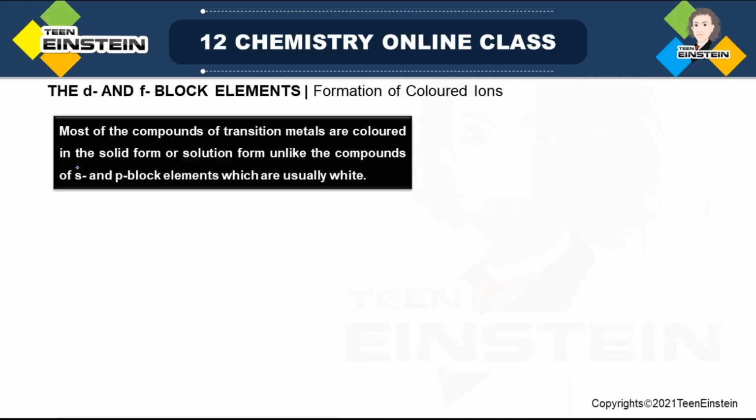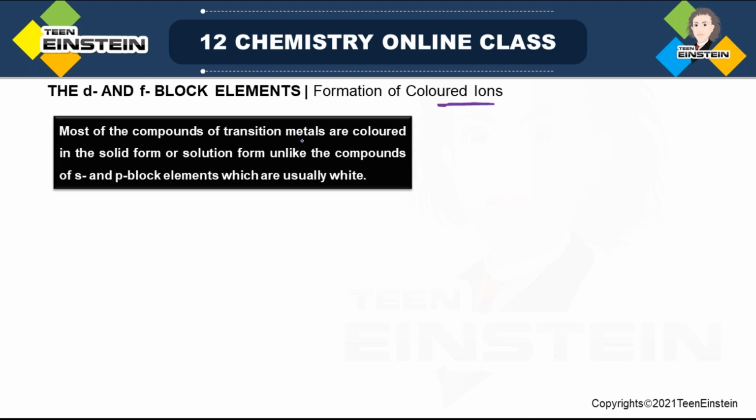So now we will see another topic, which is the formation of colored compounds. For d block elements, this is a very unique property which you will not find in the case of other block elements. And what is that? It is the formation of color. Now we have to understand why the ions given by d block elements show color.